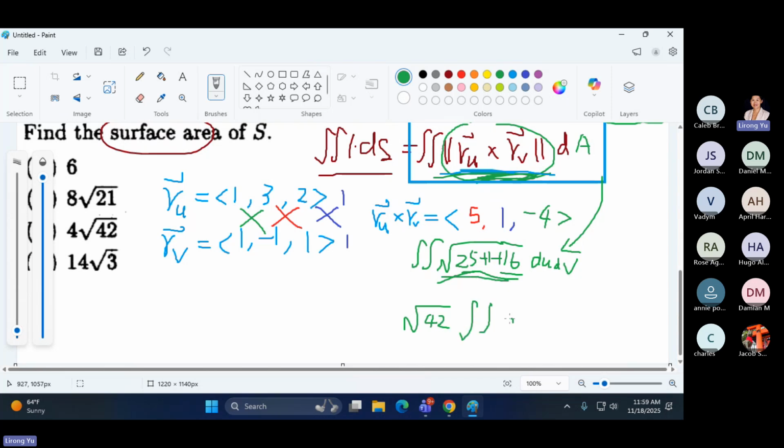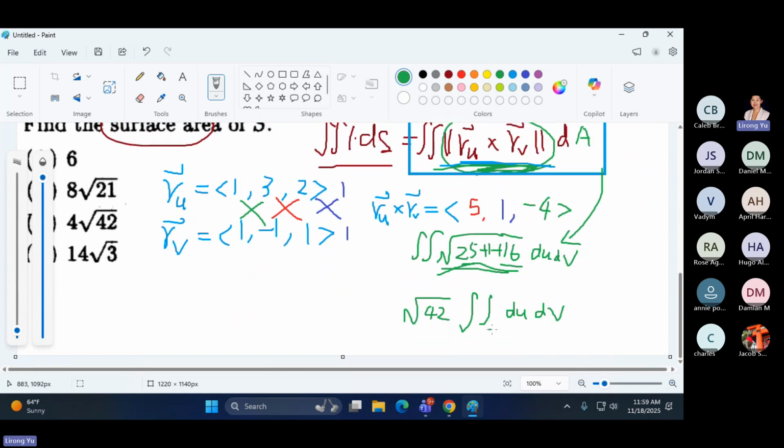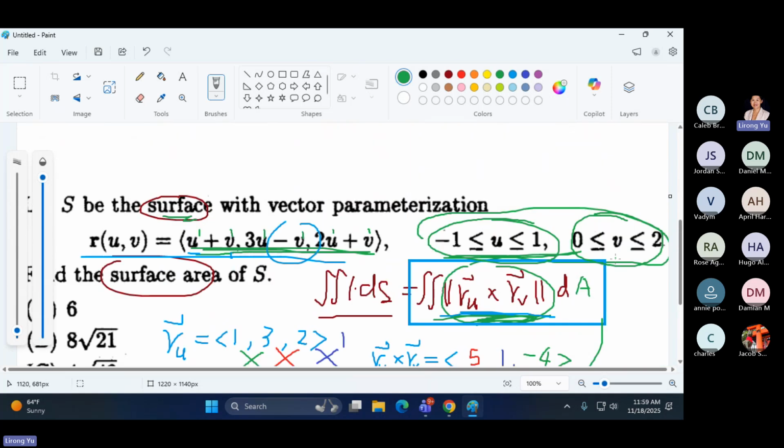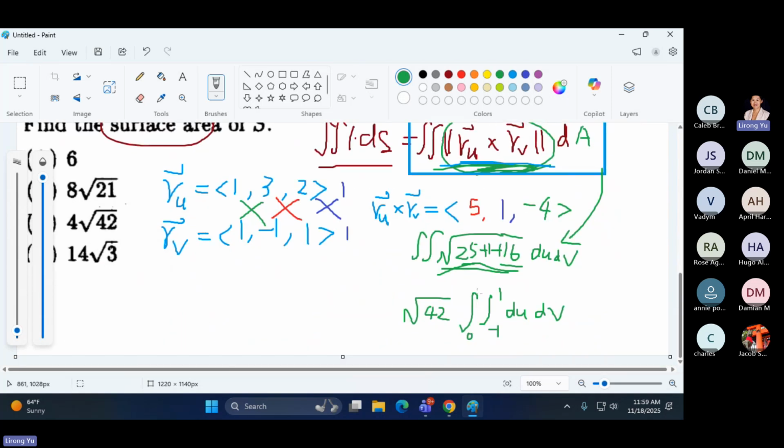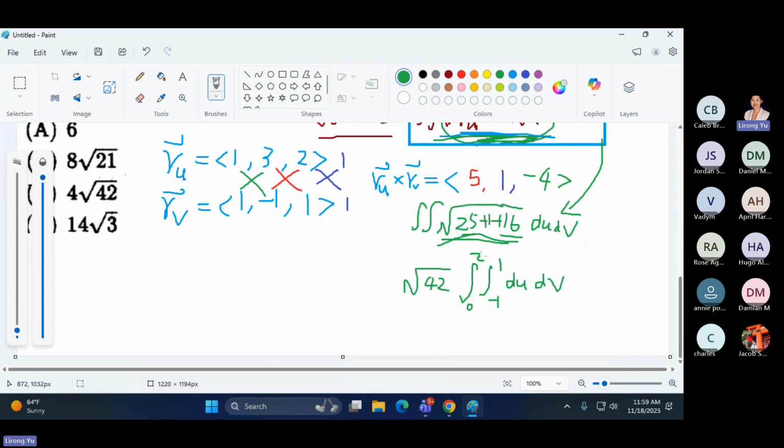Then we have the double integration with du dv. Remember, u was -1 to 1, and v is 0 to 2. So you finish those integrations. It will look like 1 minus -1, 2 minus 0. Those are the integrations. You do part by part, and you can see the final answer after you finish the calculation.